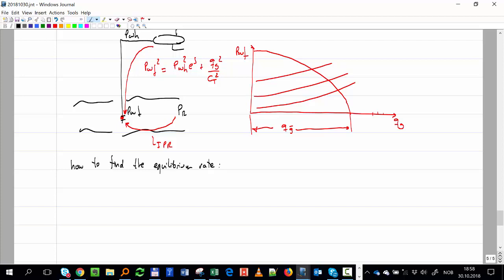Okay, so basically I have to find, and that's what many software that you use in production do, right? They use that equation, and then they use this equation, and they solve those two equations simultaneously. How many unknowns do I have in the first equation? So I have, this is an unknown, right?